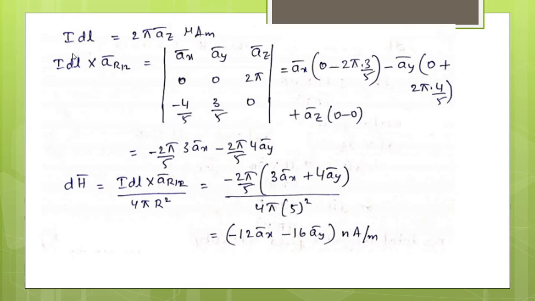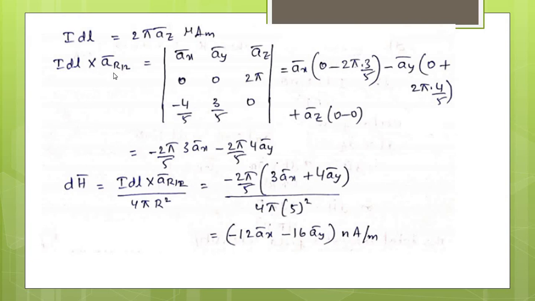Next we need to find I dL, which is given in the problem as 2 pi aZ. Now I dL cross aR12 is a cross product, which we can solve using the determinant. We write aX, aY, aZ. In the second row we write the values of I dL. Here I dL has only the aZ component, so in place of aX and aY we put zeros, and for aZ we write 2 pi.